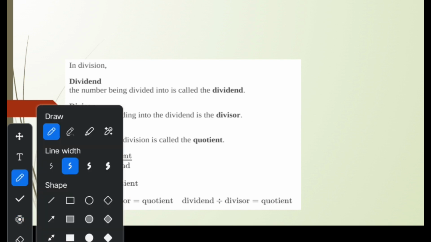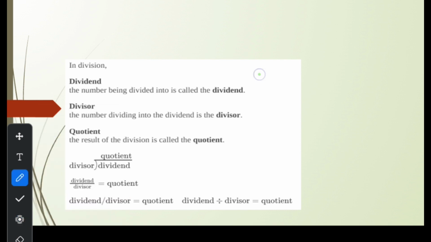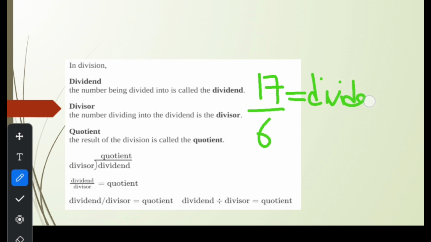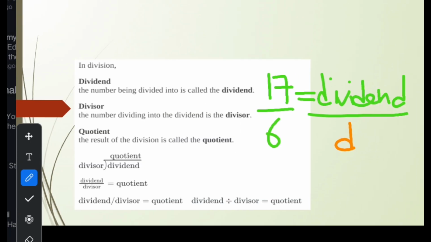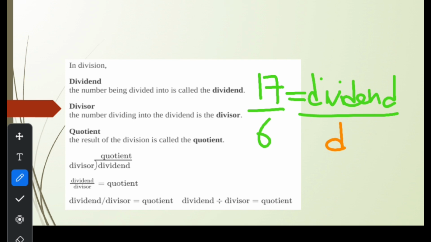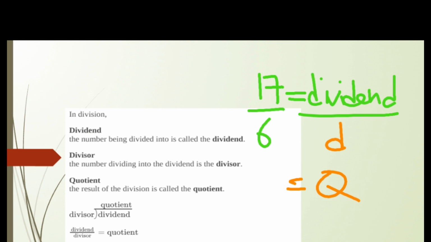For example, if you are given 17 upon 6, 17 makes the dividend, 6 makes the divisor, which I'm showing with a different color. And when you divide them both, you would get the answer as the quotient. Moving to the next slide.